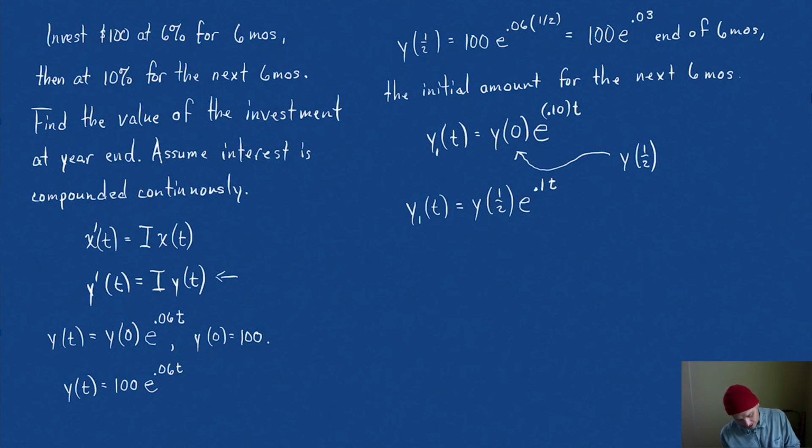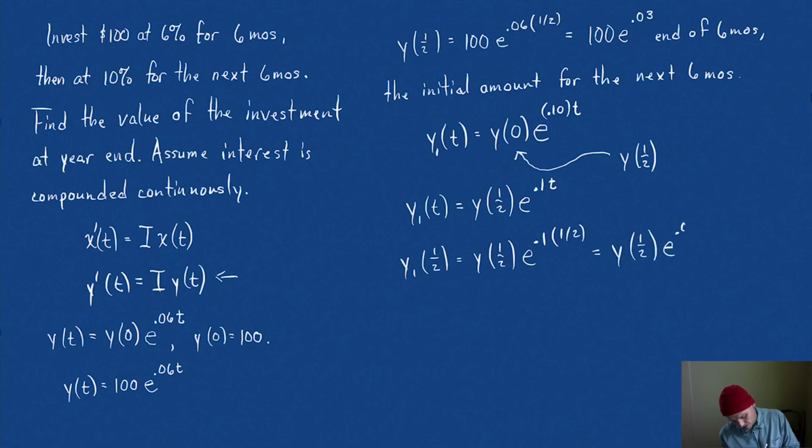So that means we need to grow this y1 for another half of the year. Well, that's going to be y of 1/2, notice those are different, times e to the 0.1 times 1/2. Well, this is y of 1/2 e to the 0.05.